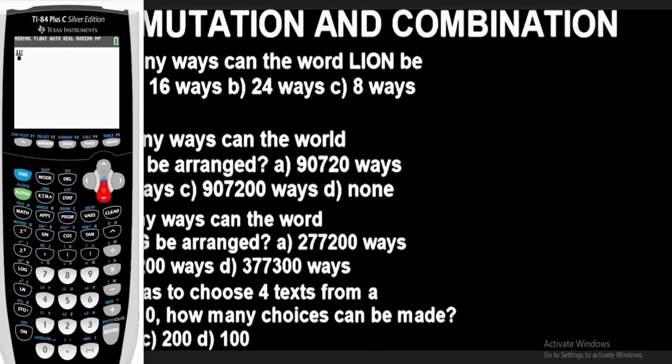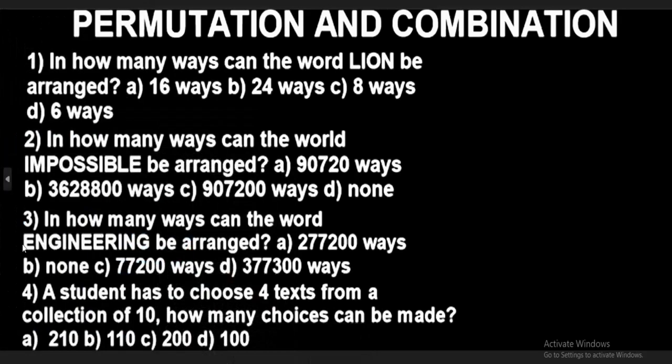Now, in the word engineering, the E letter is appearing 3 times, which signifies 3 factorial. The N letter is also appearing 3 times, which signifies 3 factorial. The G letter is appearing 2 times, that's 2 factorial. The I letter is appearing 2 times, that's 2 factorial.